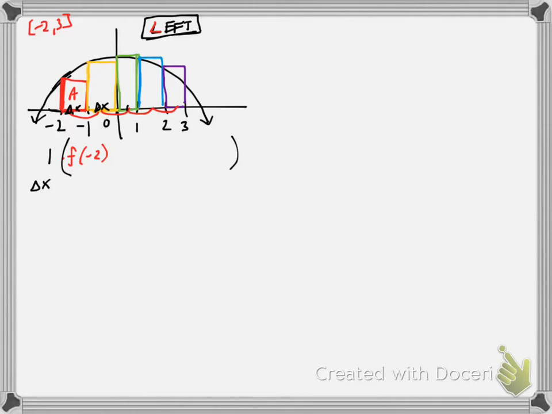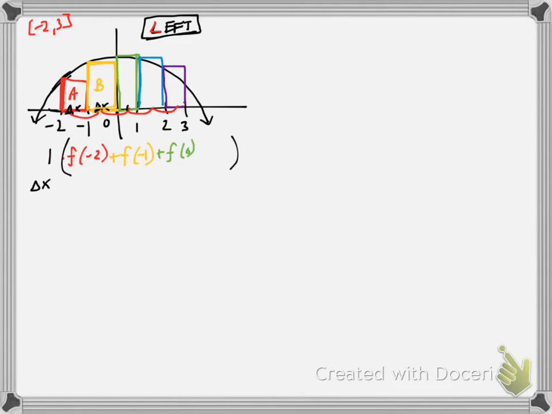Alright, so I'm going to try to color code the rest here. This rectangle here in yellow, let's call that B, its height was dictated not by 0, which would be up here, right? Whoops. Right here. No, not there, but rather the left endpoint, which is at -1. So plus f of -1. That's where this rectangle's height came from. Plus f of 0.